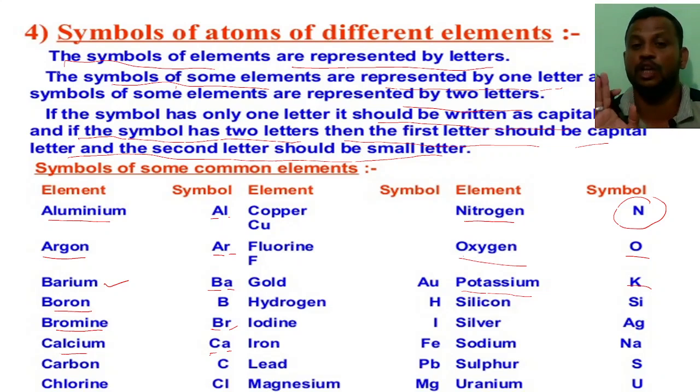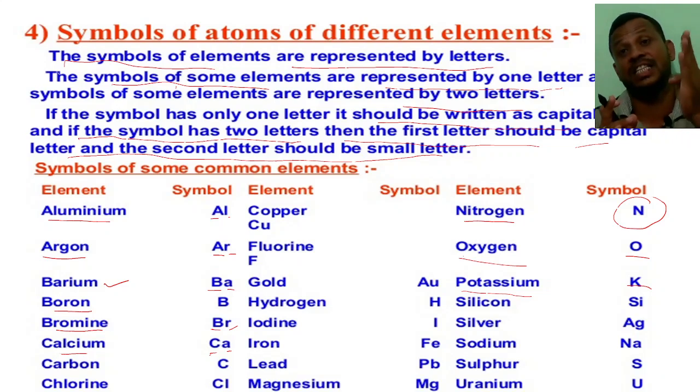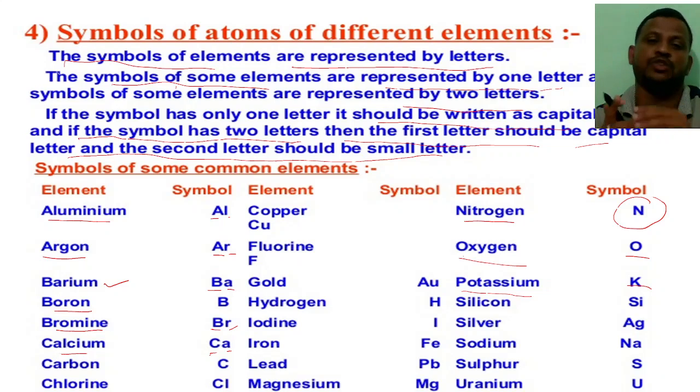Atoms. Now I am telling you about atoms. Atoms are the smallest particles present on the earth. Very small particles, right? Atoms are present in the elements, or we can say atoms are the part of respective elements of their own kind.